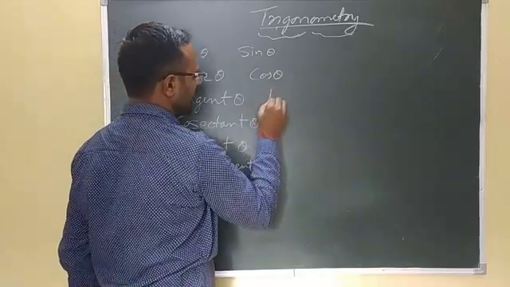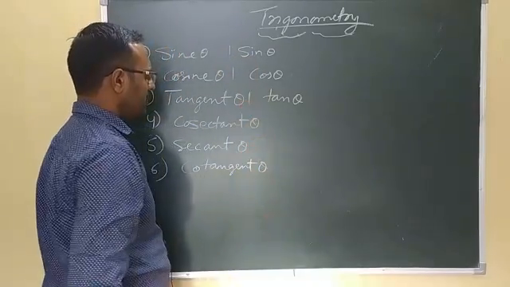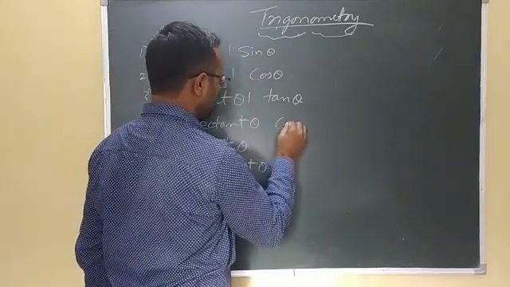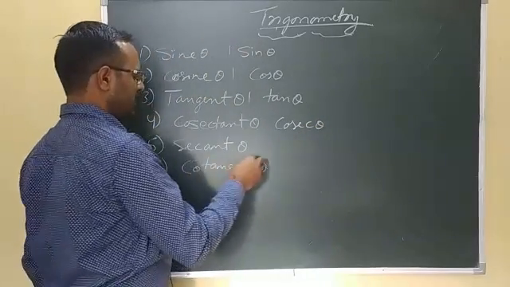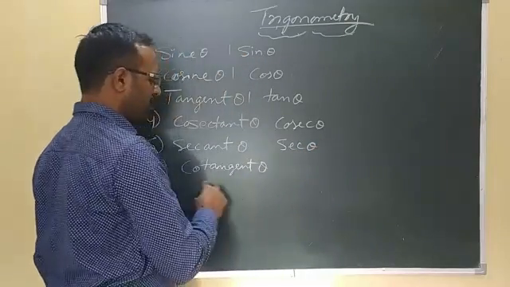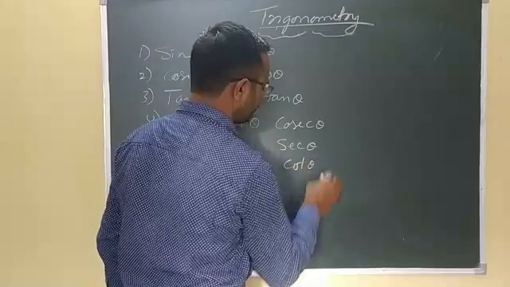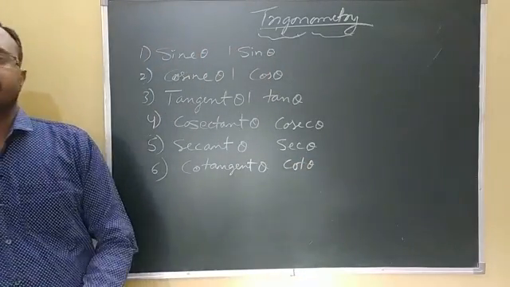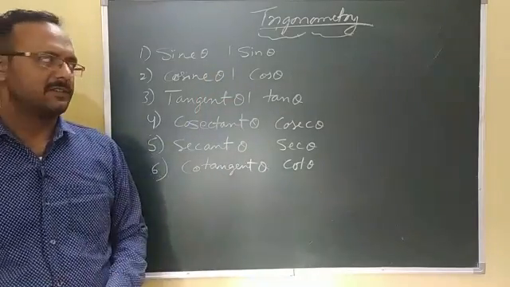Tangent theta is written as tan theta. Cosecant is written as cosec theta. Secant theta is written as sec theta, and cotangent is written as cot theta. Now we will understand all of these functions in depth. Let's start.